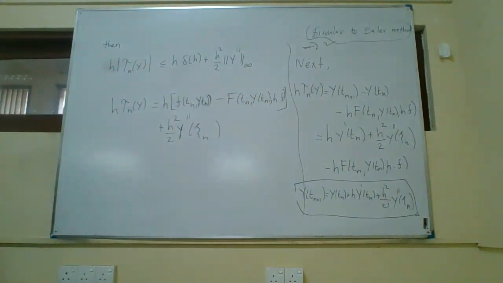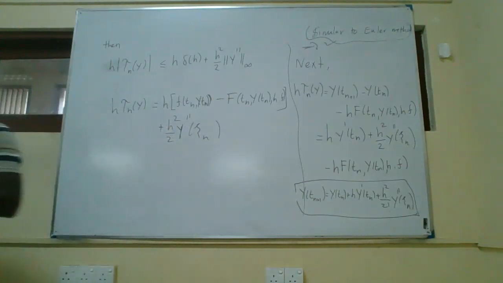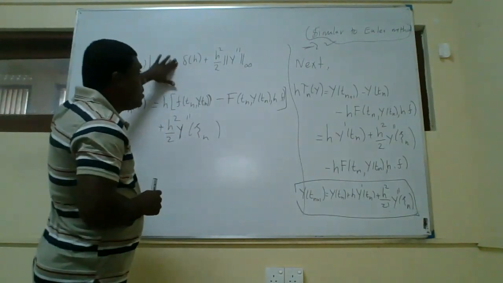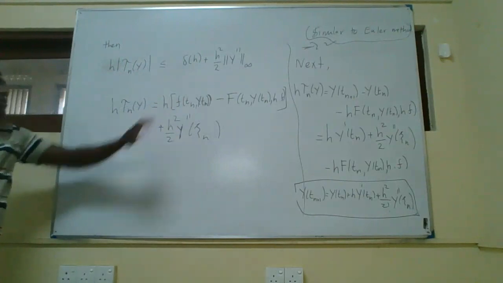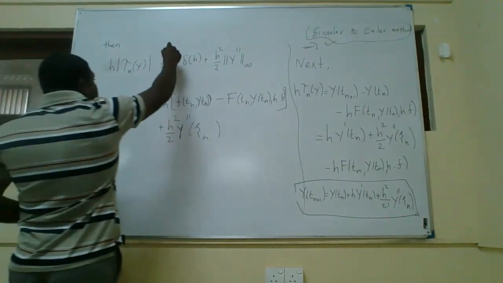So then clearly you can see that if h goes to 0, there is no h here, because h times this is what we define as delta h. So that's how we define it. Sorry, there is an h.